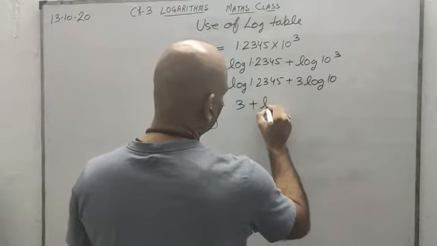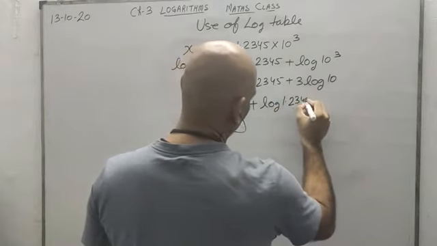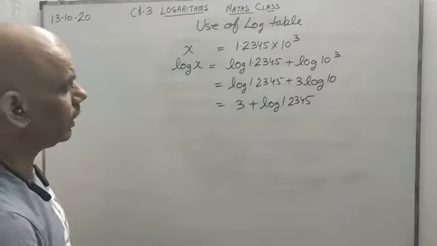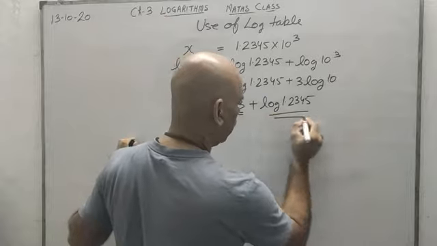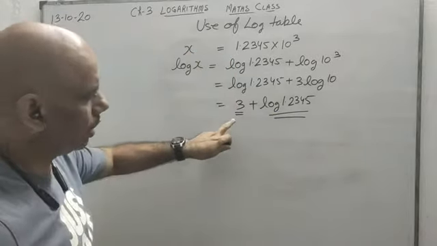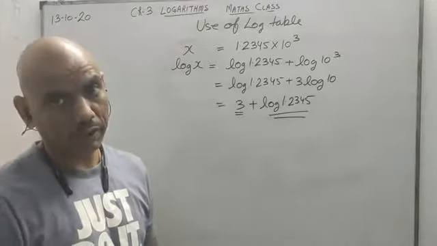So 3 plus log 1.2345. This way you will get an integral part and a decimal part. By this portion you will get the integral part, and this will be the decimal part.